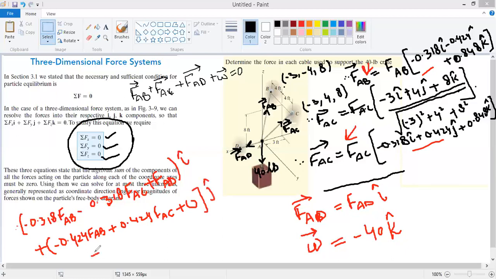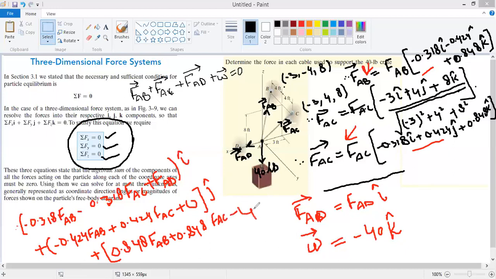Plus the last components, we'll be adding up the components along the z-axis. So we have plus 0.848 FAB, plus 0.848 FAB, plus 0.848 FAC, plus 0.848 FAC, and the last component we have along k is minus 40.